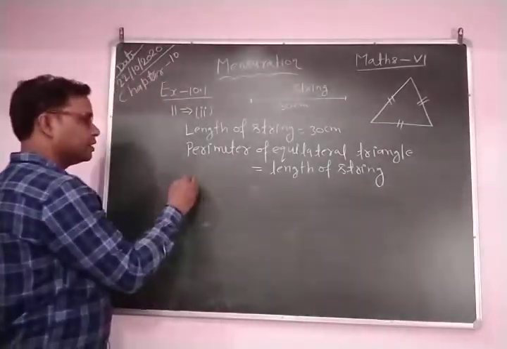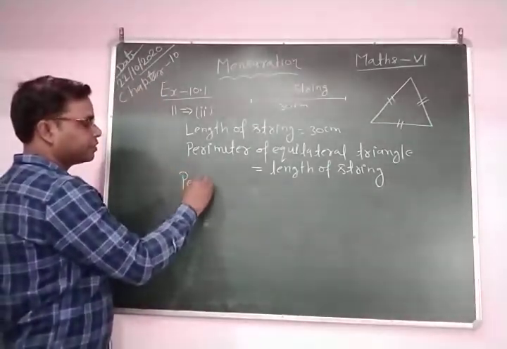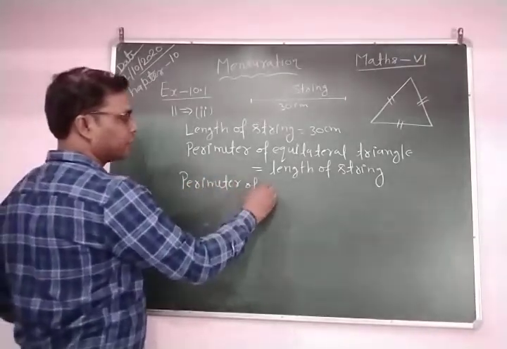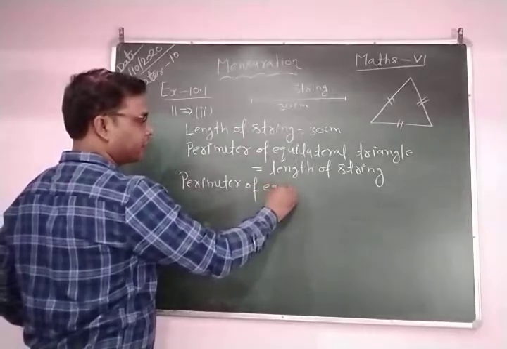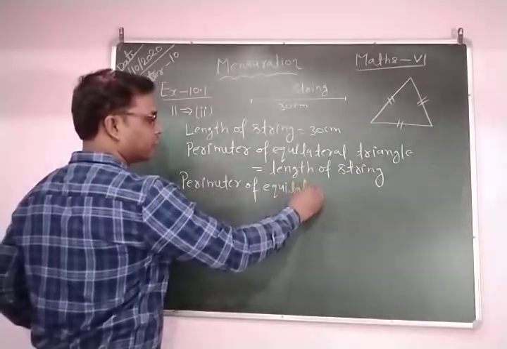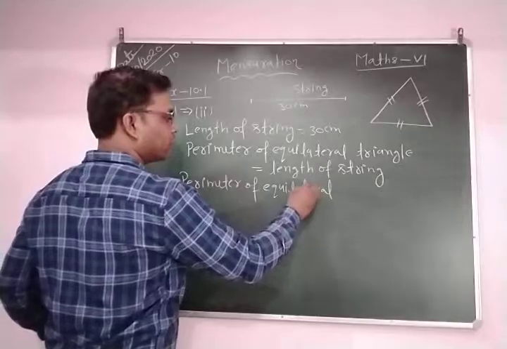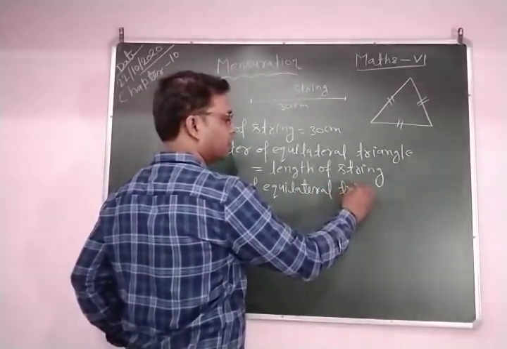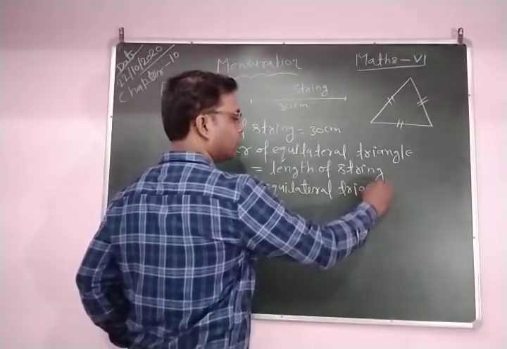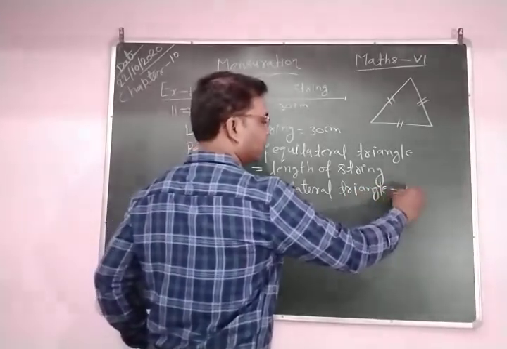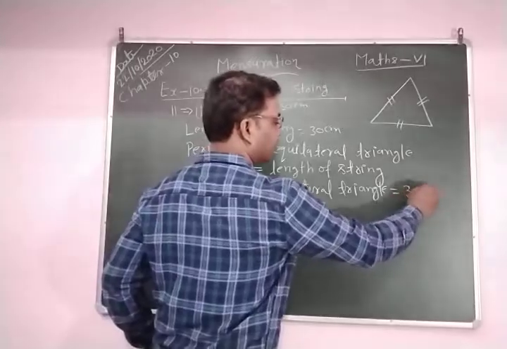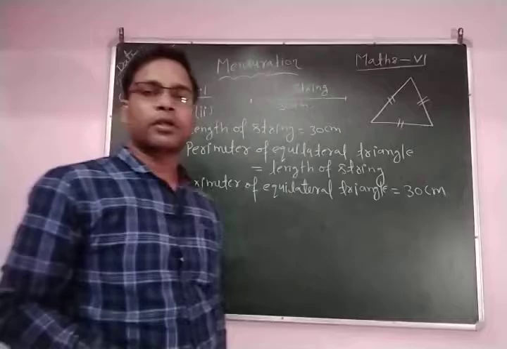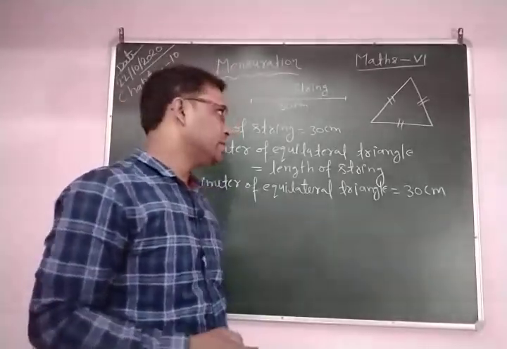So you can write here, the perimeter of the equilateral triangle is equal to 30 centimeters. Clear? This is given.